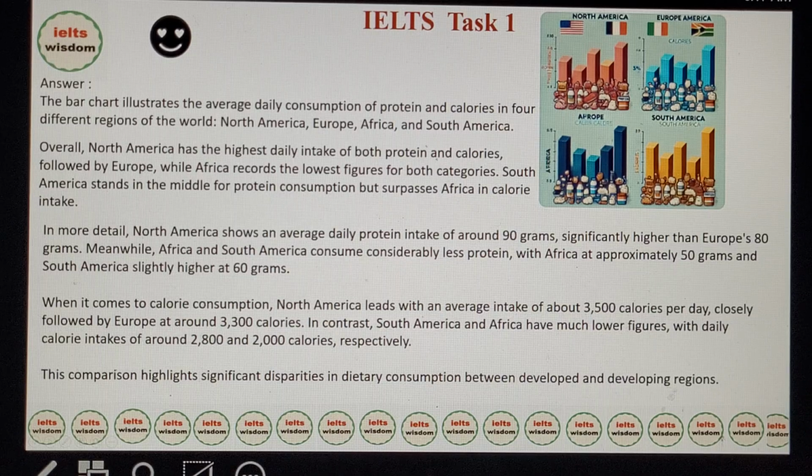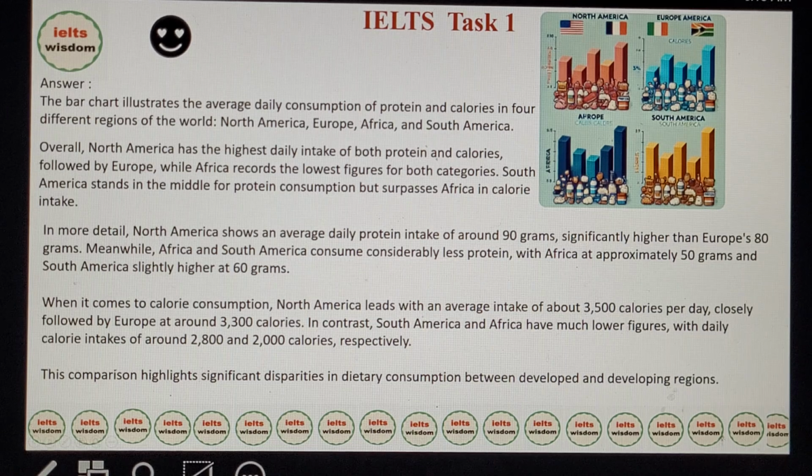Overall, North America has the highest daily intake of both protein and calories, followed by Europe, while Africa records the lowest figure for both categories. South America stands in the middle for protein consumption but surpasses Africa in calorie intake.